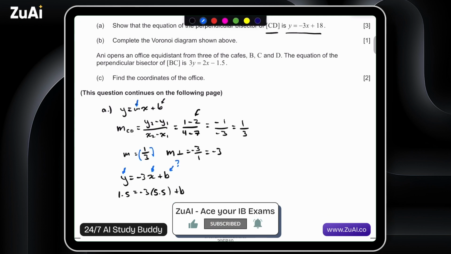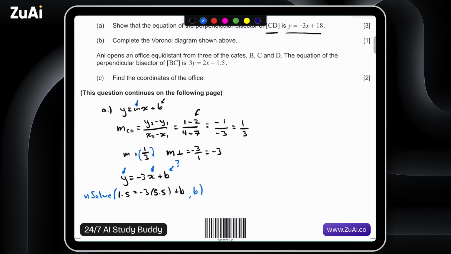Let's go ahead and solve for b. Actually, what I'm going to do is work this out on the calculator. Negative 3 times 5.5 plus 1.5, and it would give us a value, b is equal to 18 in this case.